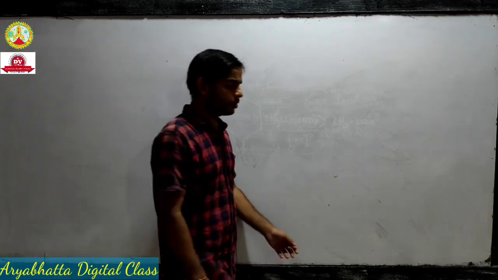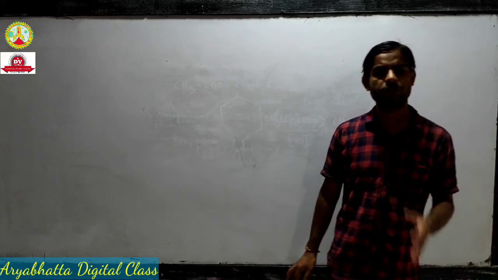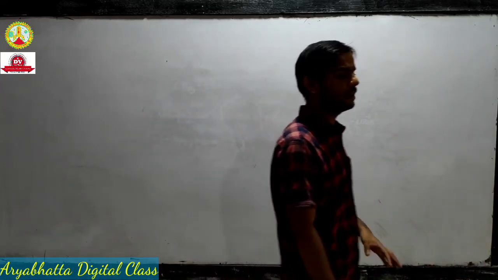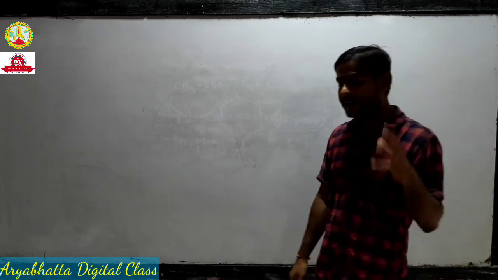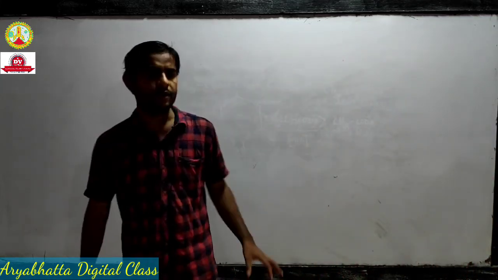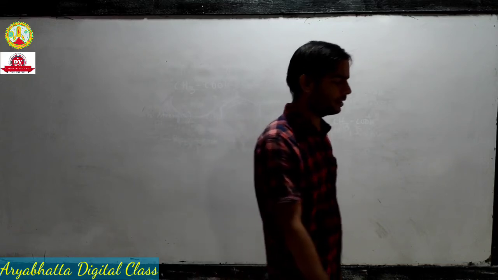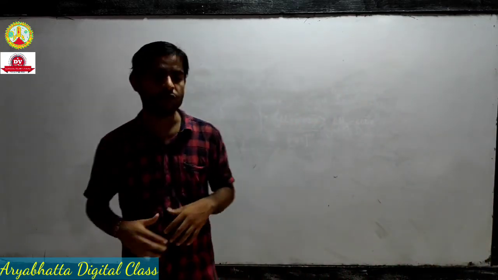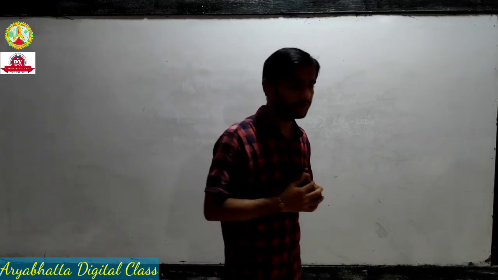So this is all for this video lecture. We have studied the general method of preparation for carboxylic acid, and we have also studied why carboxylic acids are acidic, and what the order of different kinds of carboxylic acids is, which one is more acidic, which one is less acidic.